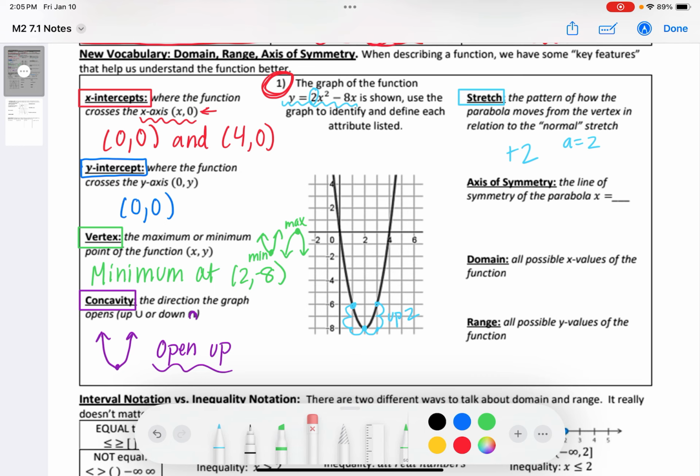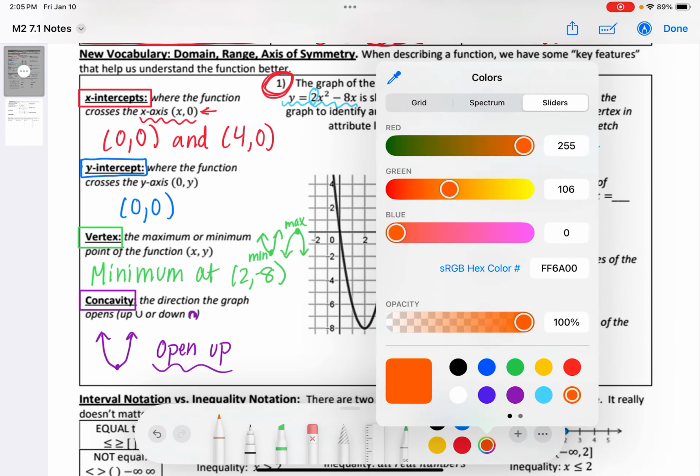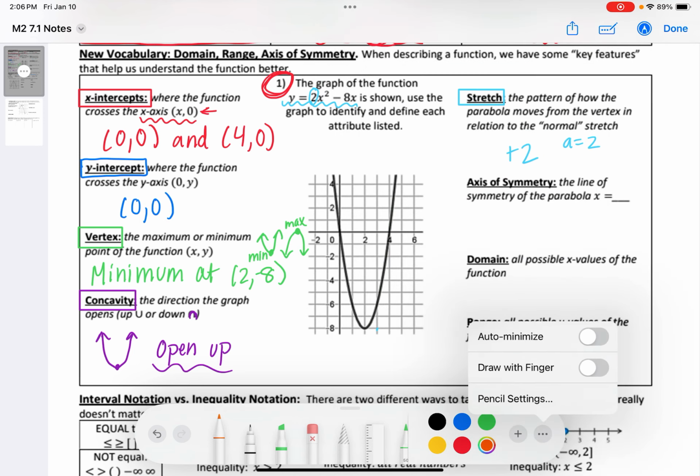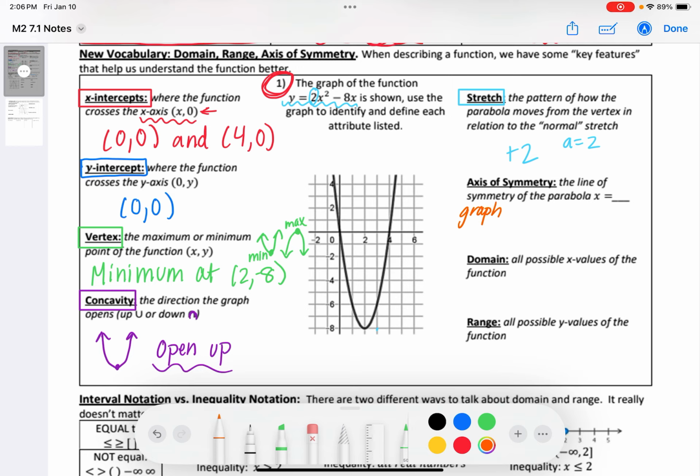And then the axis of symmetry, the line of symmetry of the parabola, x equals blank. An easier way to tell where the axis of symmetry is, it's where your graph is cut in half.